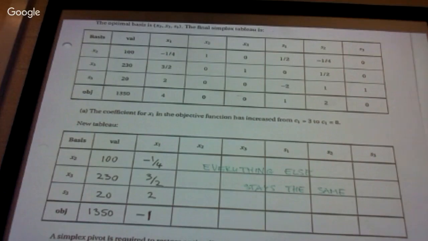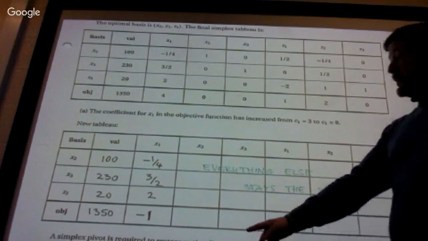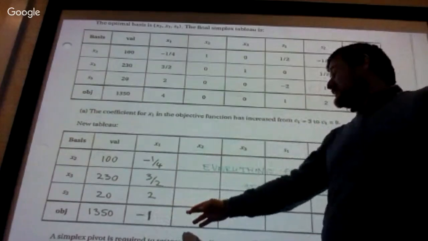But the only thing that's left is what? We've got a negative objective entry. Yeah. Well, the negative means the tableau is now not optimal, or not dual feasible, if you like.